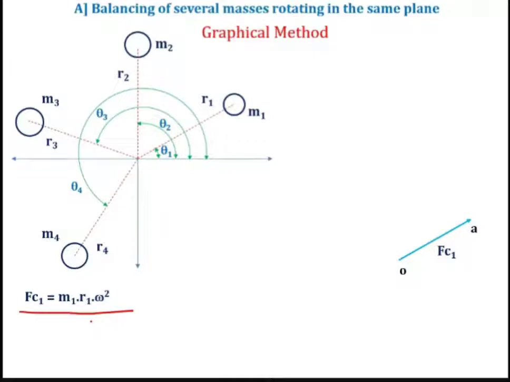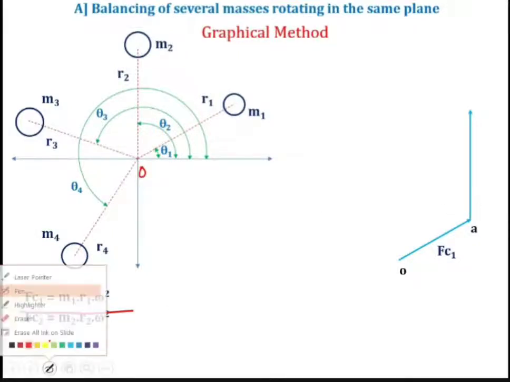Due to this, the centrifugal force is generated, and that centrifugal force is represented by Fc1 for the individual mass m1. I hope you have understood this. So OA is drawn parallel to OM1.